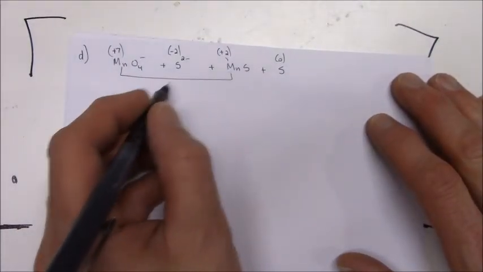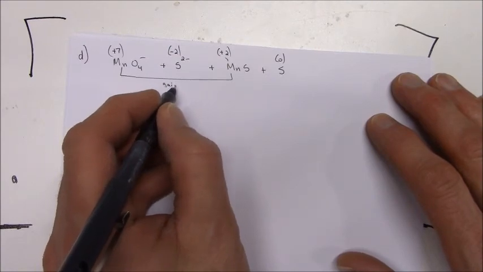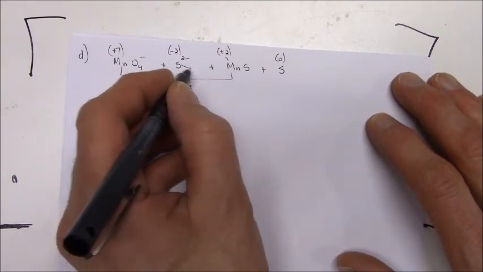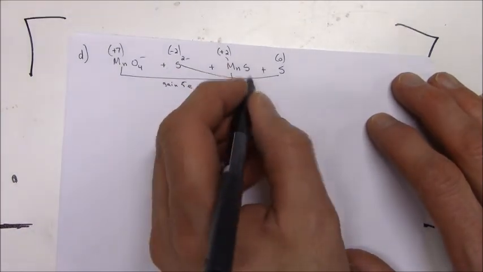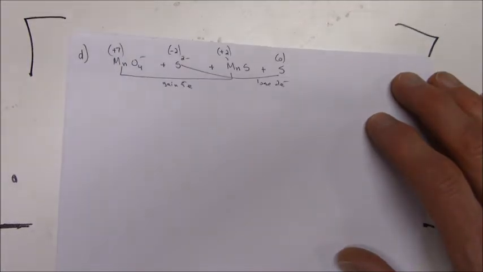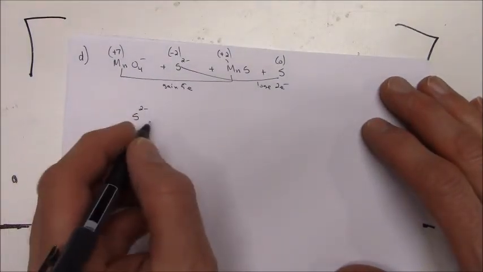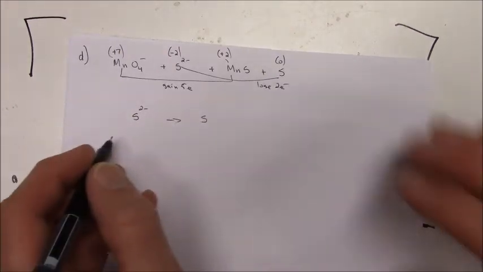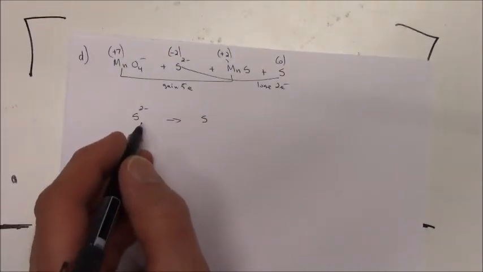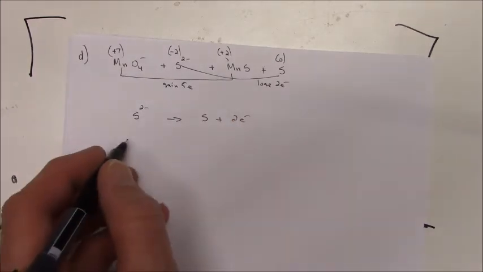So this goes gain 5. The sulfur loses 2. So we could have S2 goes to S. You could balance this right away. All you can mean, plus 2 electrons.